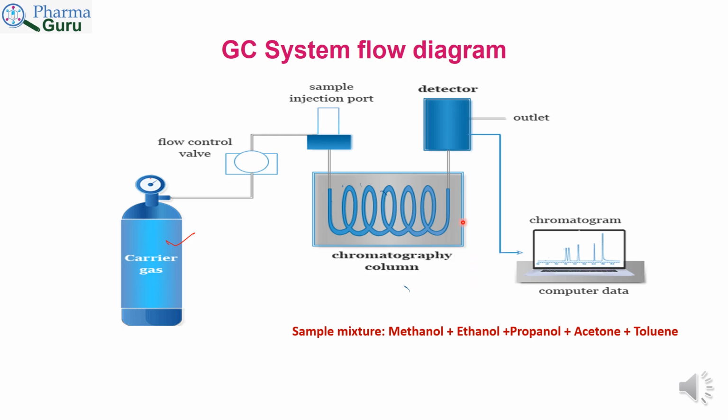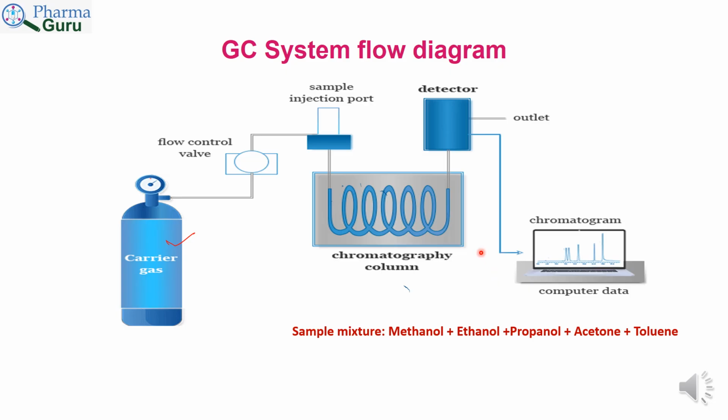Then after, ethanol will come out from the column and will go in detector. Detector detects it and sends the signal to the data processor, which converts it to the peak of ethanol.